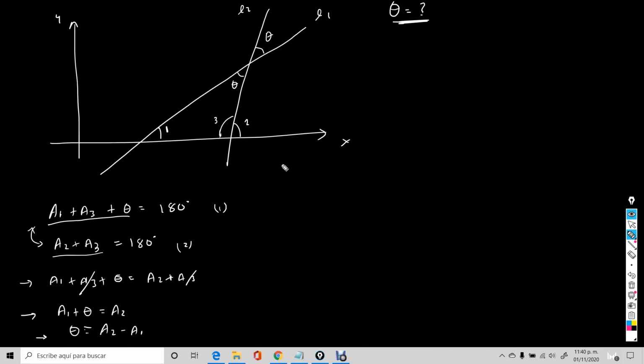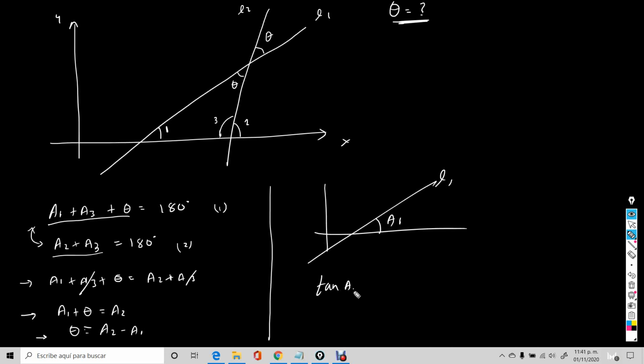So basically, how can I get theta? Well, I can get it by getting angle 2 and angle 1. What is angle 2? It is the angle that line 2 makes with the positive x-axis, and angle 1 is this angle, which is the angle that line 1 makes with the positive x-axis. But I told you just a minute ago that if you have any line, any line 1, angle 1, you can get its angle by this formula.